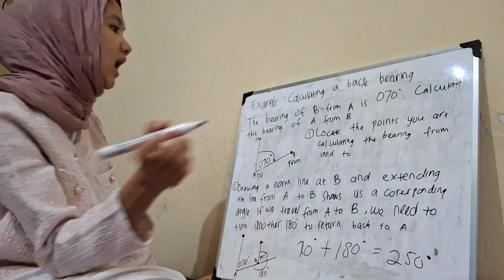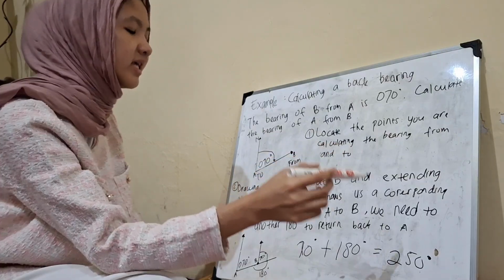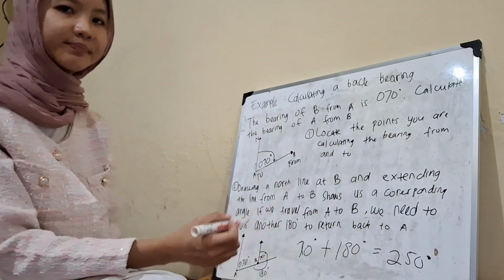So the bearing of A from B is 250 degrees.